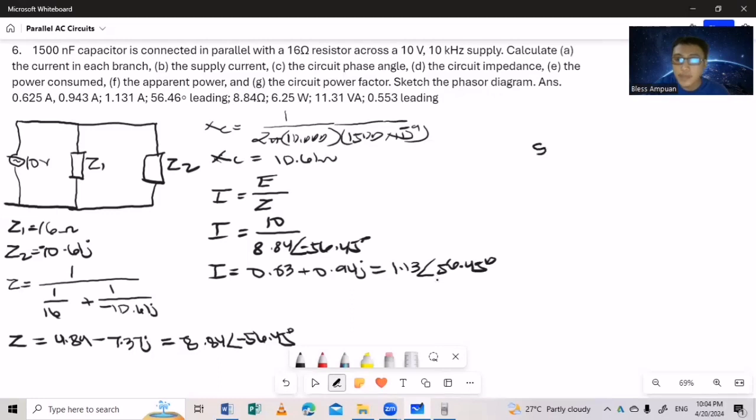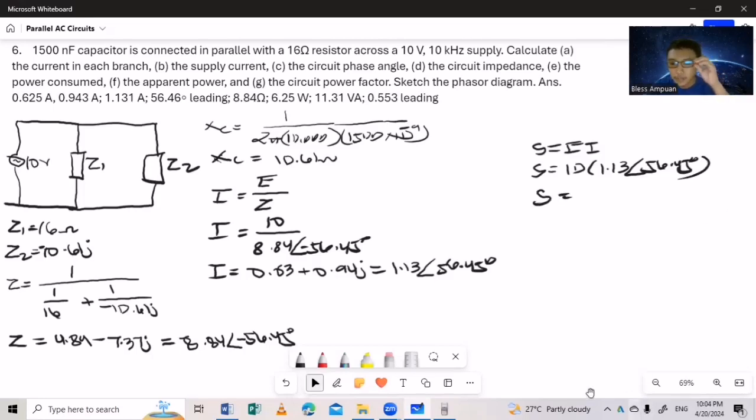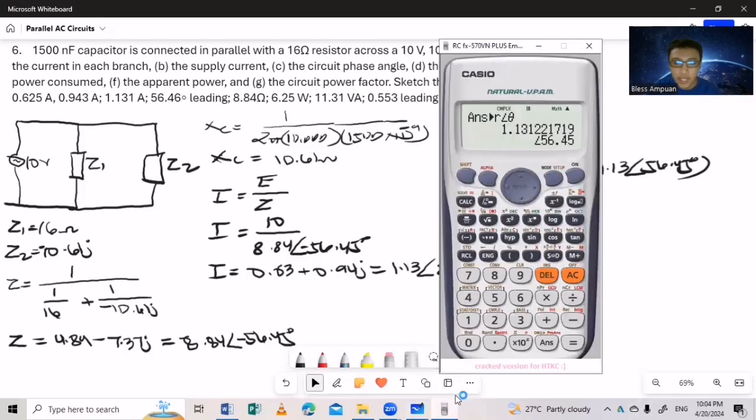So again, next is to solve for the total power. The total apparent power is equal to E times I, or the voltage supply times the current. Our E is 10 volts, and our current, let's use the polar form, is 1.13 angle of 56.45 degrees. Let's multiply by 10.